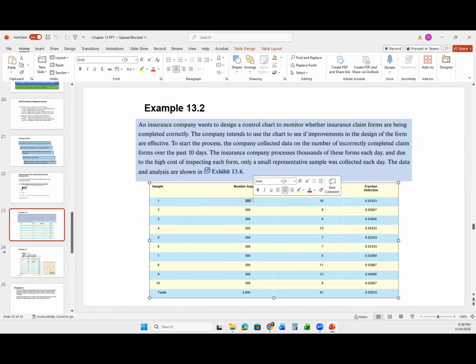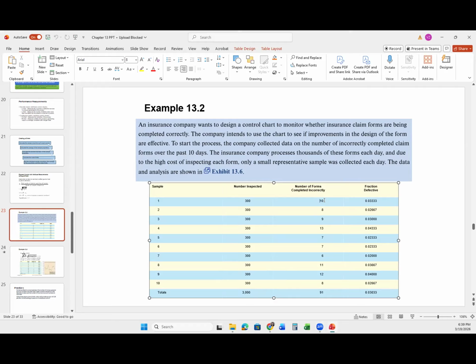Okay, so how many units did you inspect in total? 3,000. Because for each sample you inspect 300, and you have 10 samples, so the total number of units you inspect will be 3,000.